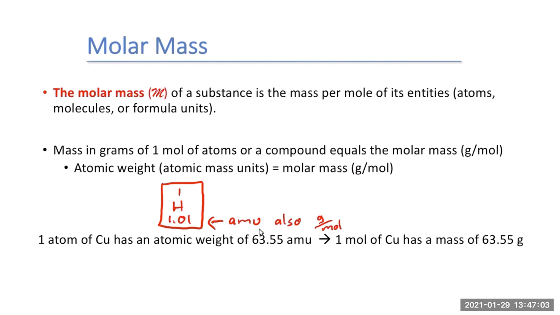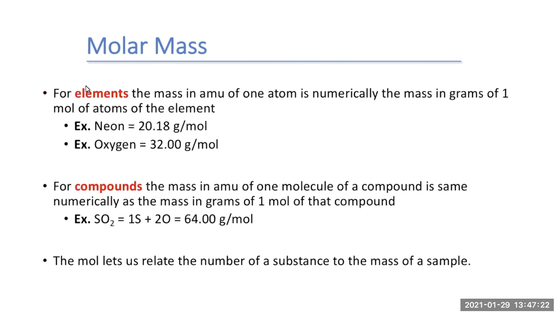So this number here, we can think of it as either atomic mass units when we look at individual atoms, or grams per mole, the molar mass, when we look at a large amount of atoms, when we look at what we'd measure out in the lab. So this means the molar mass for elements is the atomic mass unit. They're equal to each other. So if you look at neon on the periodic table, it's 20.18 atomic mass units. It's also 20.18 grams per mole.